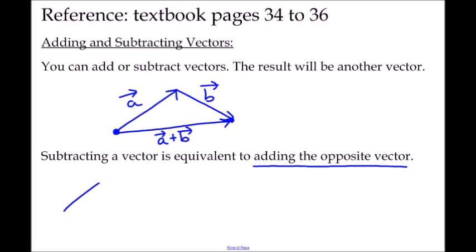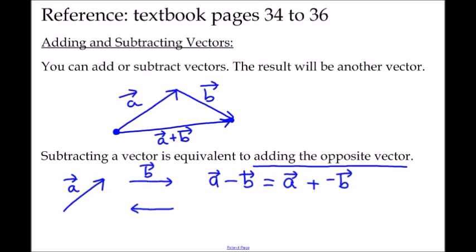So for example, if this is my vector A and this is my vector B, and I want to do A minus B, it's equivalent to doing A plus minus B. So what is minus B?